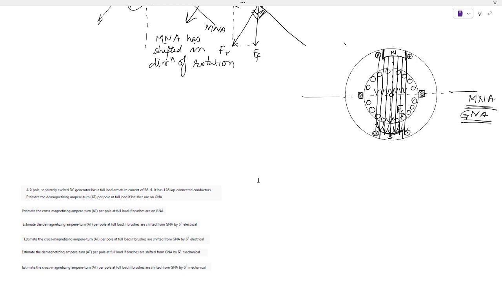And depending on how much armature current we are drawing, that is the loading condition, the shift in the magnetic neutral axis will vary. So you cannot always track the load current and shift the brushes accordingly. So what is the solution?